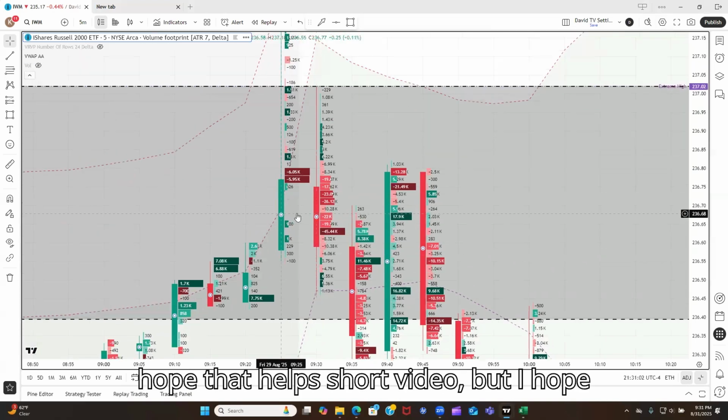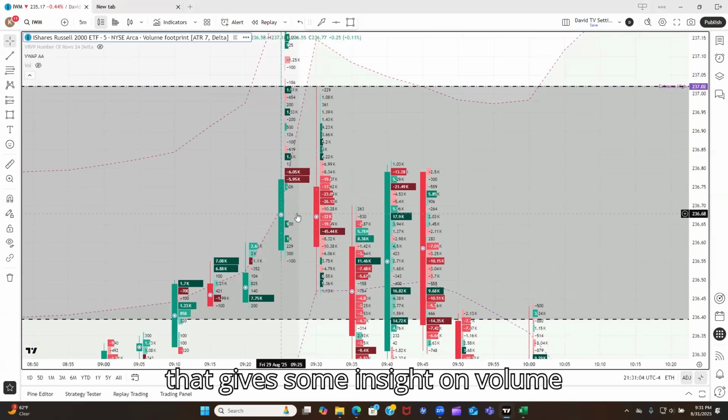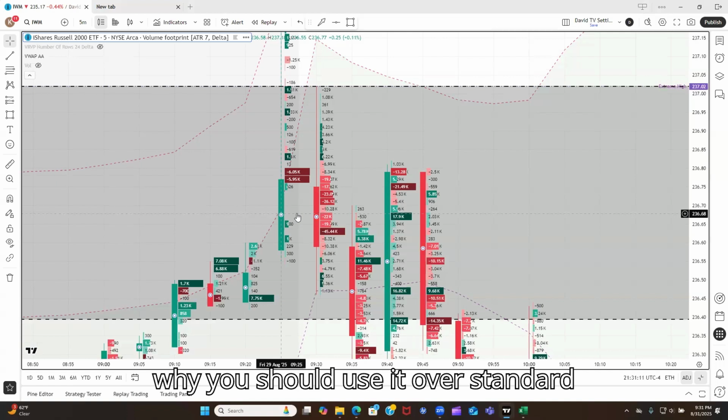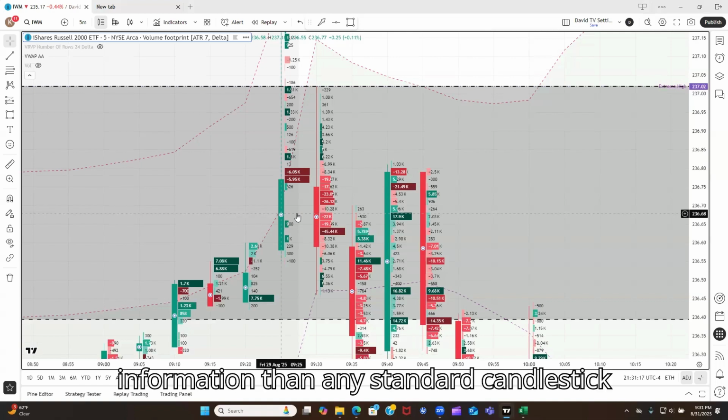All right, guys, I hope that helps. Short video, but I hope that gives some insight on the volume footprint chart and why it's important, why you should use it over standard candlesticks, and how it gives you a hell of a lot more information than any standard candlestick would.